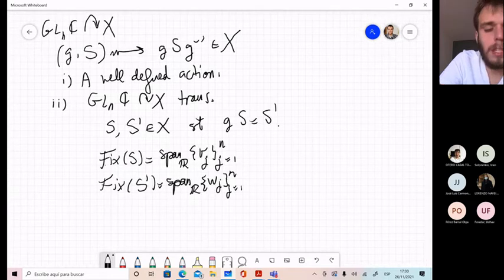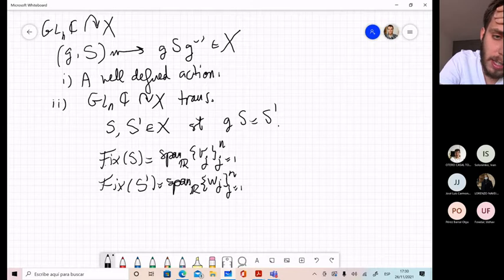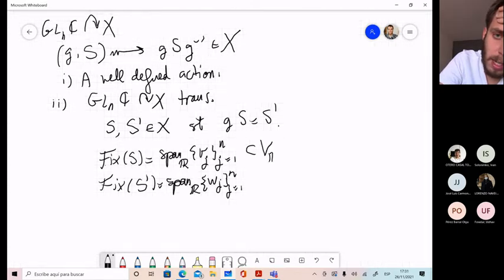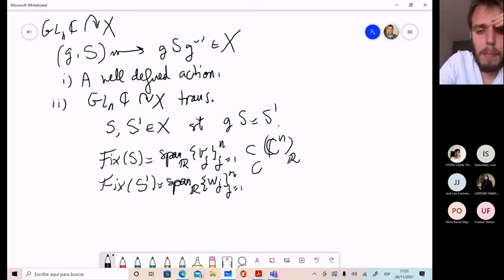Yeah, and now you have this property that, given these R-bases of this subspace, which, remember, lives inside the realification of C^n, they are also complex vector bases of C^n, okay?